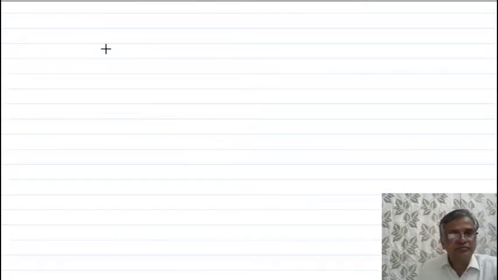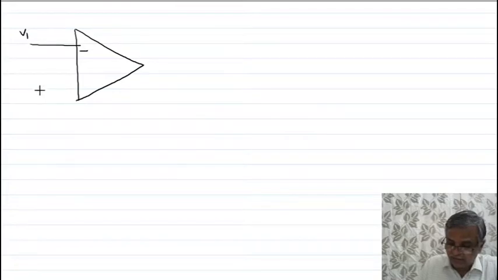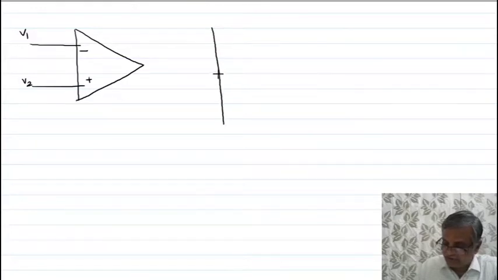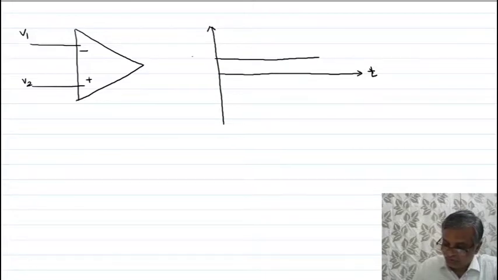I am showing you the diagram for a comparator, and I am also discussing the problem you are facing with the comparator. Suppose this is your time axis, and I am showing you voltage V2, and that is your reference level, you can say.